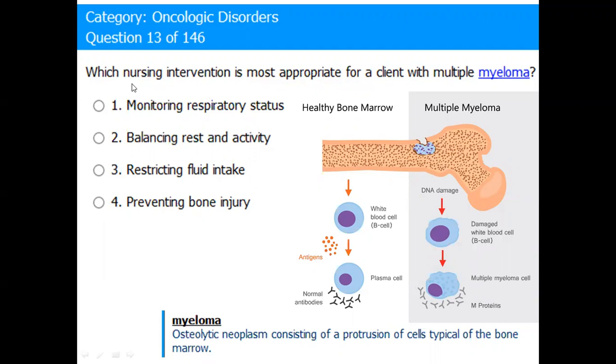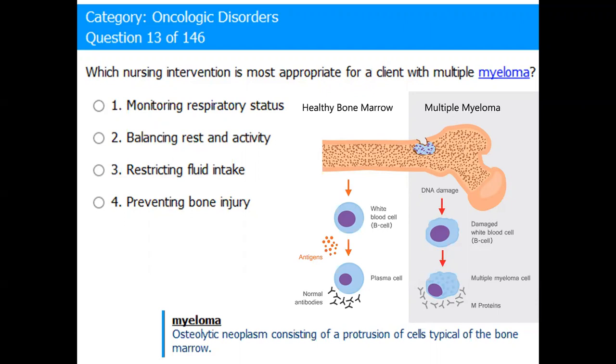So in this question, what are the most appropriate nursing interventions for the client who has multiple myeloma? Like monitor the respiratory status, balancing rest and activities, restrict the fluid intake, and preventing the bone injuries.